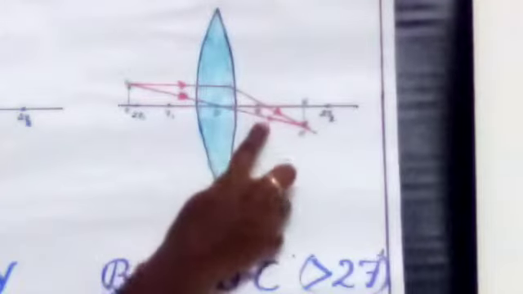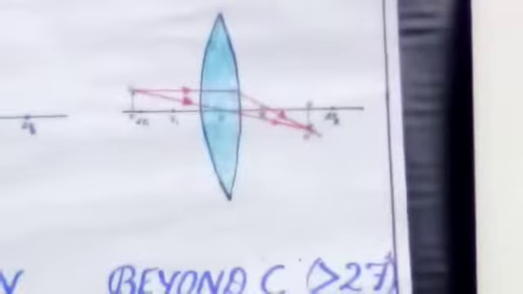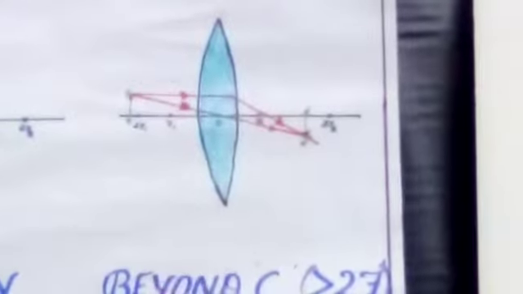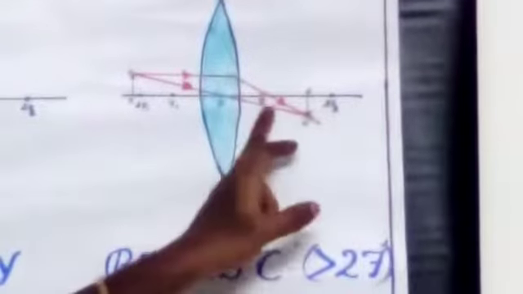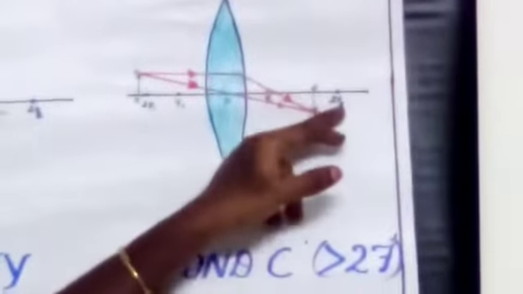The image is formed between F2 and 2F2. When comparing with the object, the image is almost the same size. So for the second case, the object placed beyond C, the image is formed between F2 and 2F2.